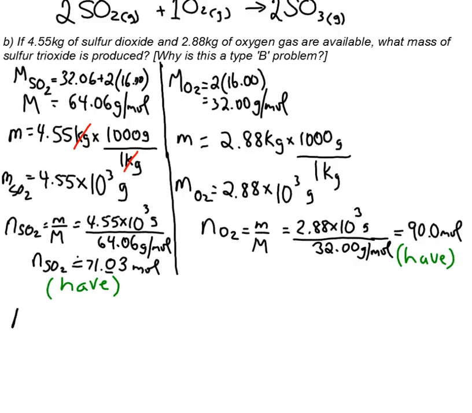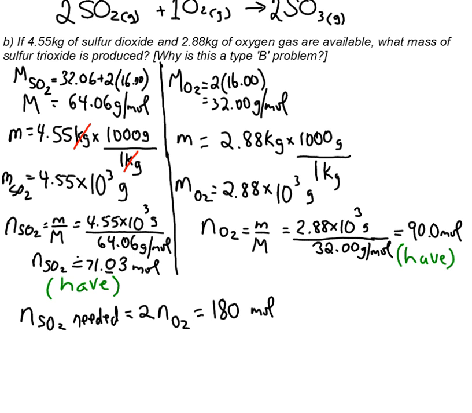Using symbols, moles of SO2 needed equals twice moles of O2, which would be 180 moles.